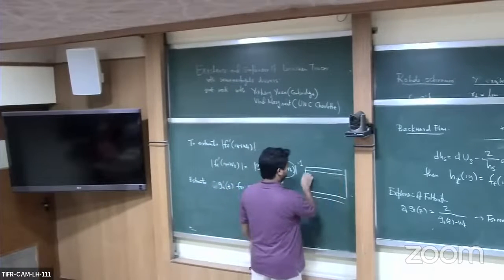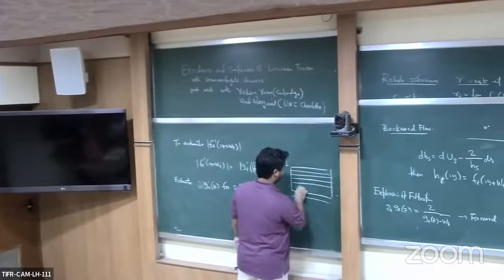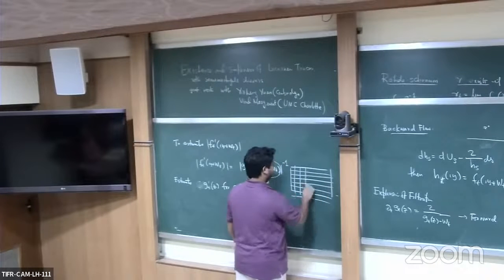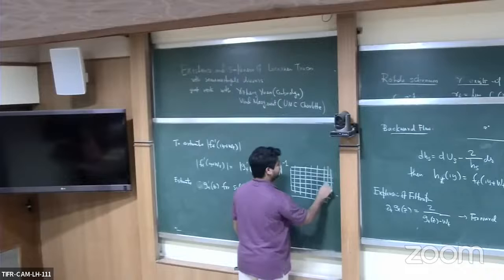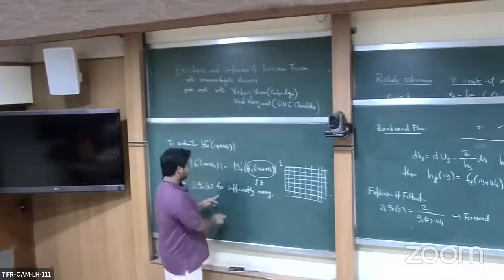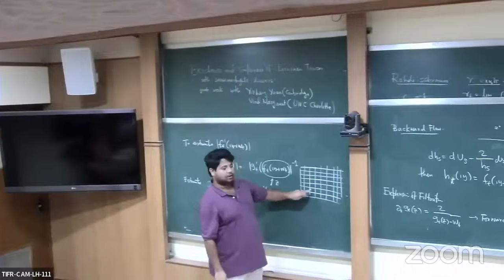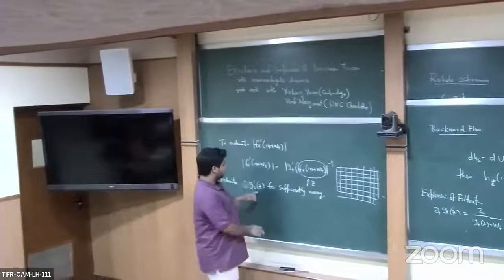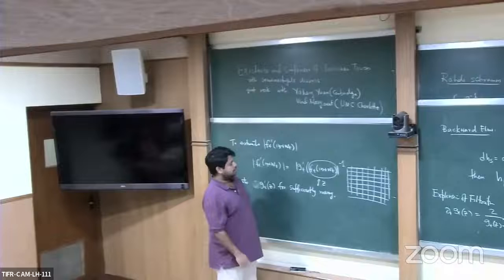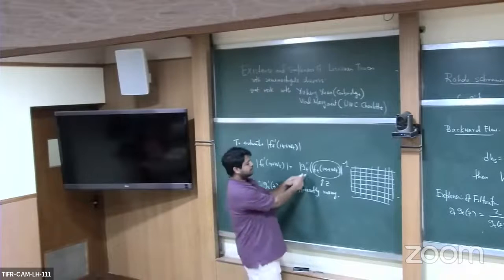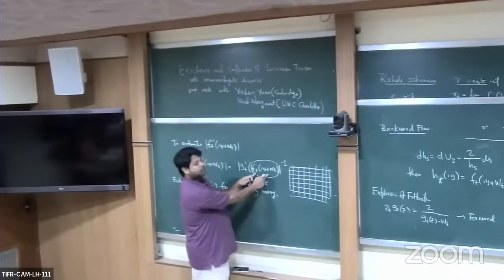You find enough grids and estimate g_t prime of Z for each of these corner points. If I can do that, then I can estimate this no matter what this object is.